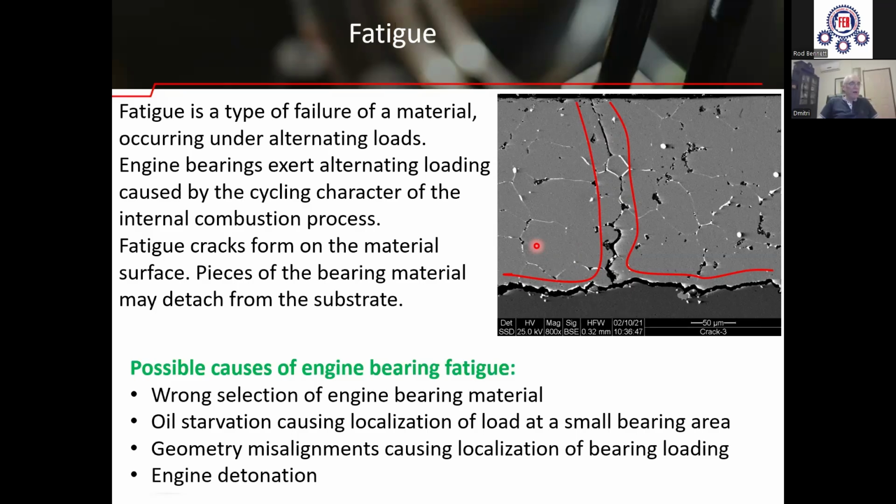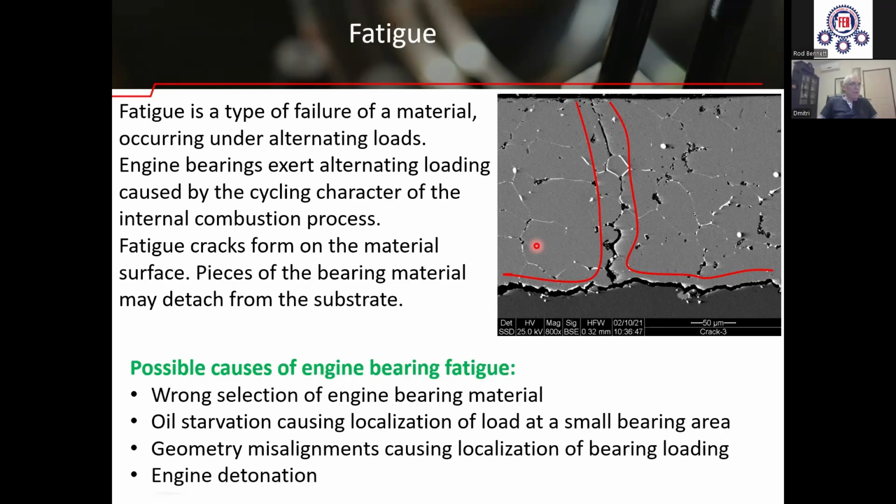However, if you apply stress multiple times, let's say 1 million times, the part will crack. This phenomenon is called material fatigue. Fatigue is a failure occurring under cycling loads. Engine bearings experience alternating cycling loading because of the cycling character of the internal combustion process.